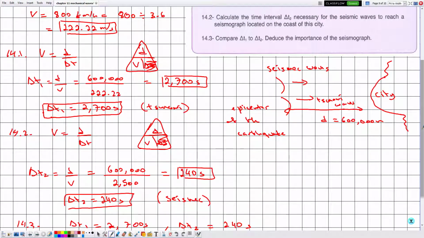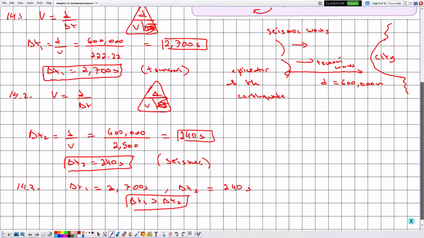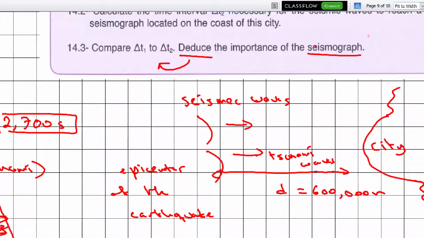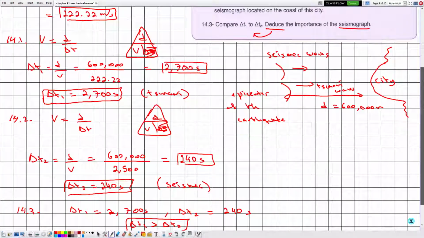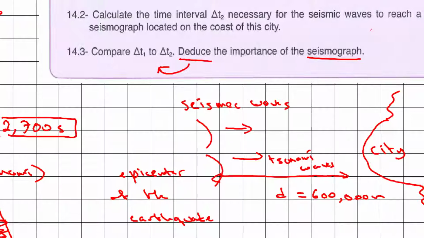Now in the same part they are telling us deduce the importance of the seismograph, and by deduce it means that we need to refer to the previous part. In the previous part we compared the durations delta t1 and delta t2. So what is a seismograph? A seismograph is a graph that plots the amplitude of an earthquake. So a seismograph is an instrument that detects an earthquake.